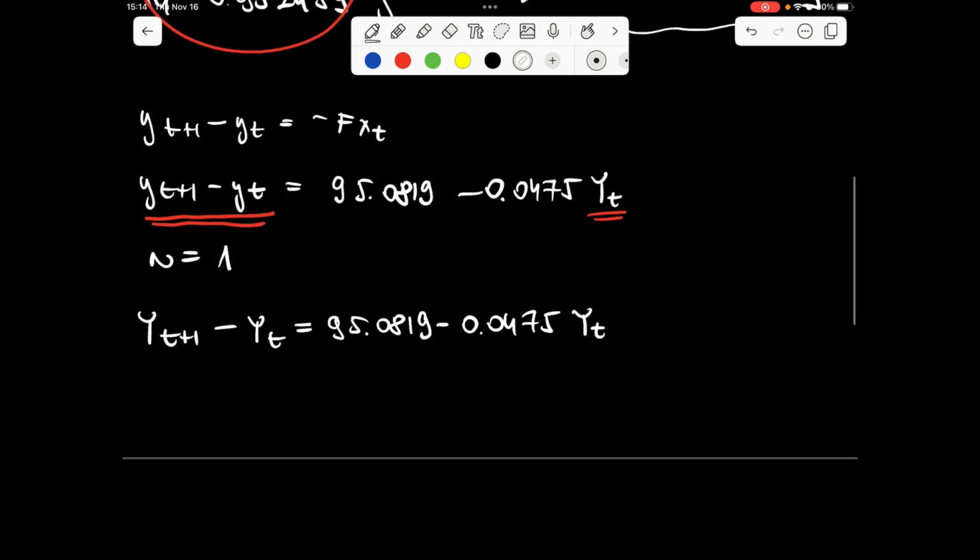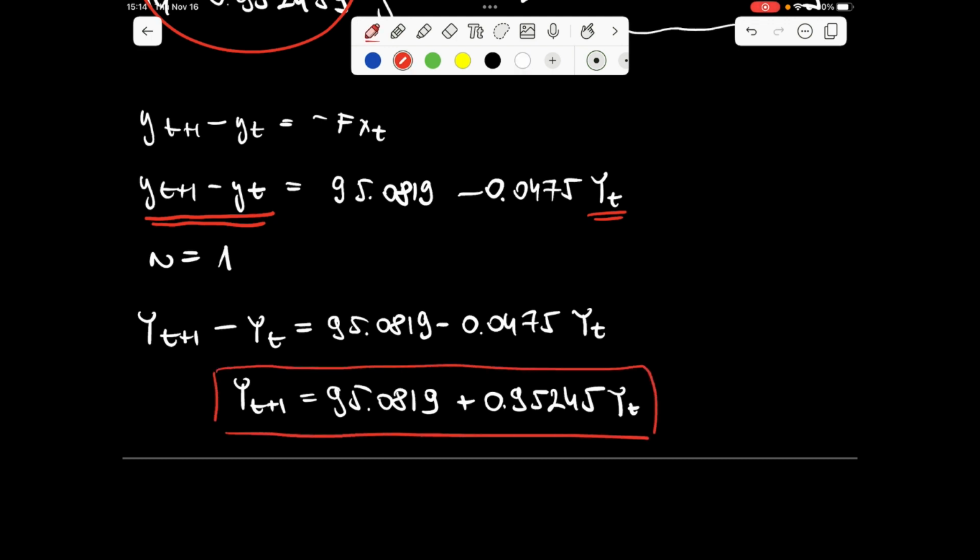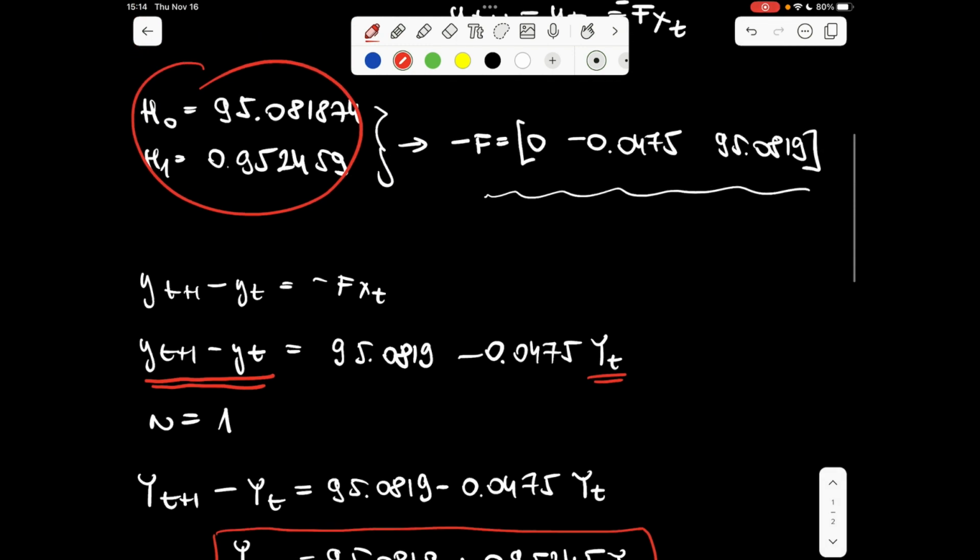And if we simplify the equation, we will have this function, which might seem familiar to you because these are the belief parameters we used.